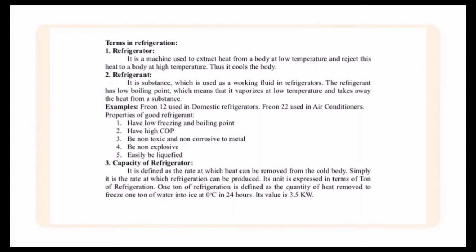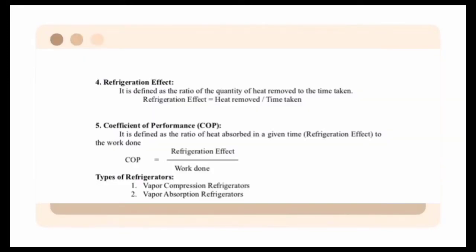So, mauna na. Next is mauna ning example sa refrigerant. So, next is the refrigeration effect. So, it is defined as the ratio of the quantity of heat removed to time taken. Refrigeration effect equals heat removed over time taken.